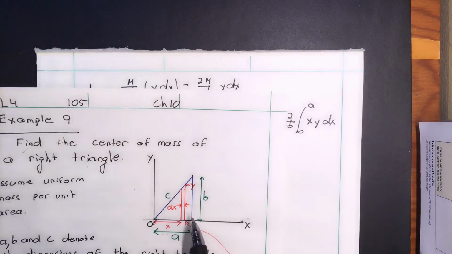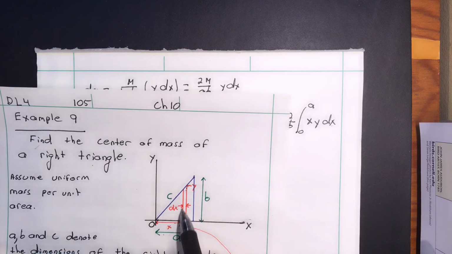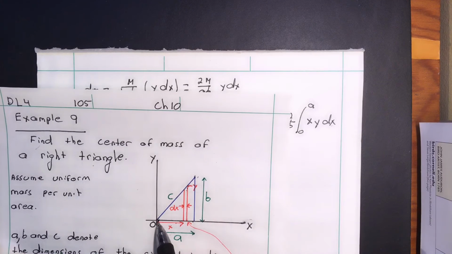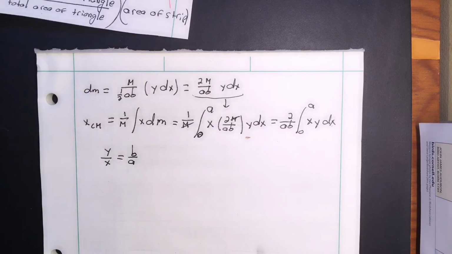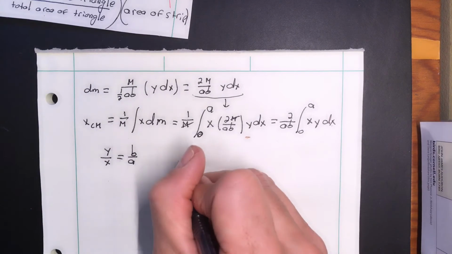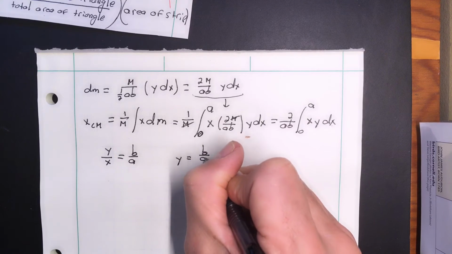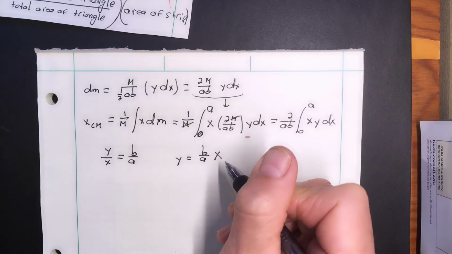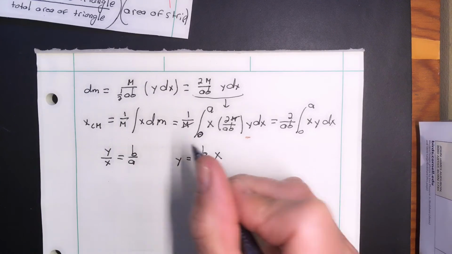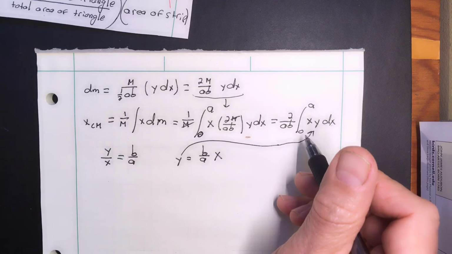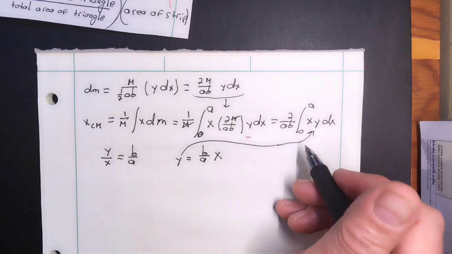The little triangle, y is to x as b is to a. They're going to be in the same proportion, right? So that gives us an expression for y. That wasn't too bad. B over a times x. All right, so this is going to go into here, and it's going to take us the next step along here.